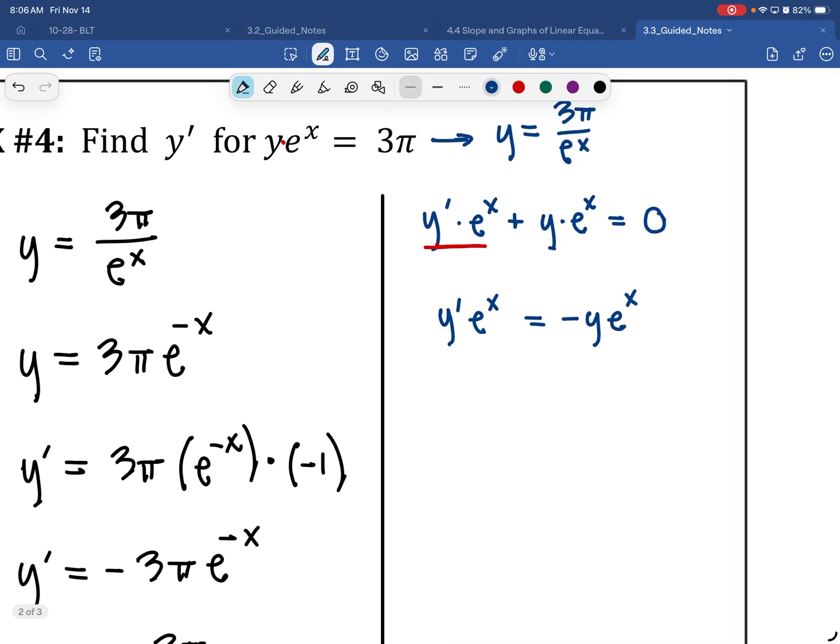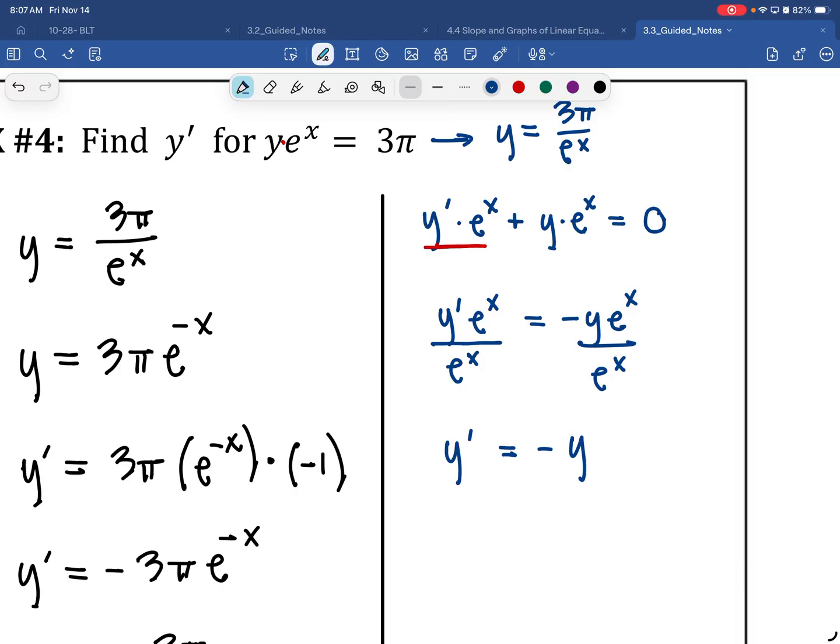I'm just going to go ahead and divide both sides by e to the x to get the y prime by itself. So I'm going to divide this by e to the x. Divide this by e to the x. And I have y prime equals the opposite of y. Now I've got y prime by itself. Roger? No, Roger.